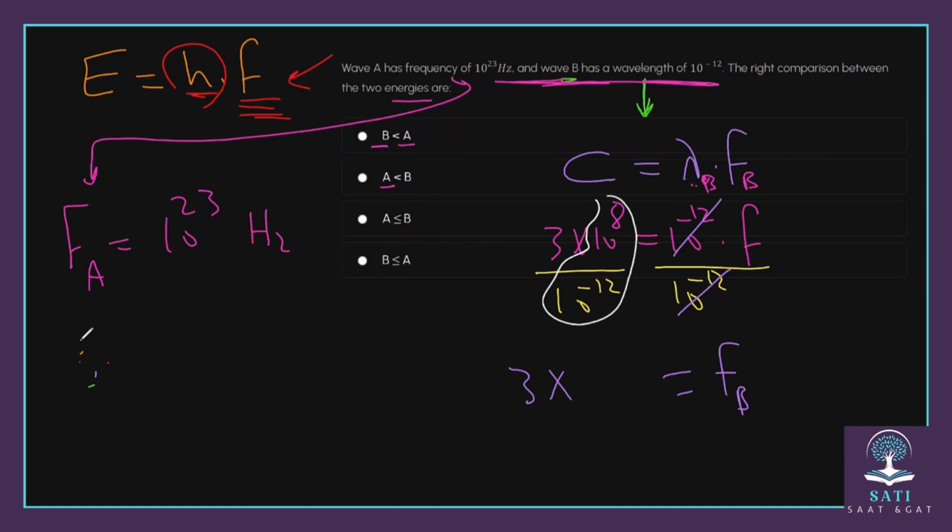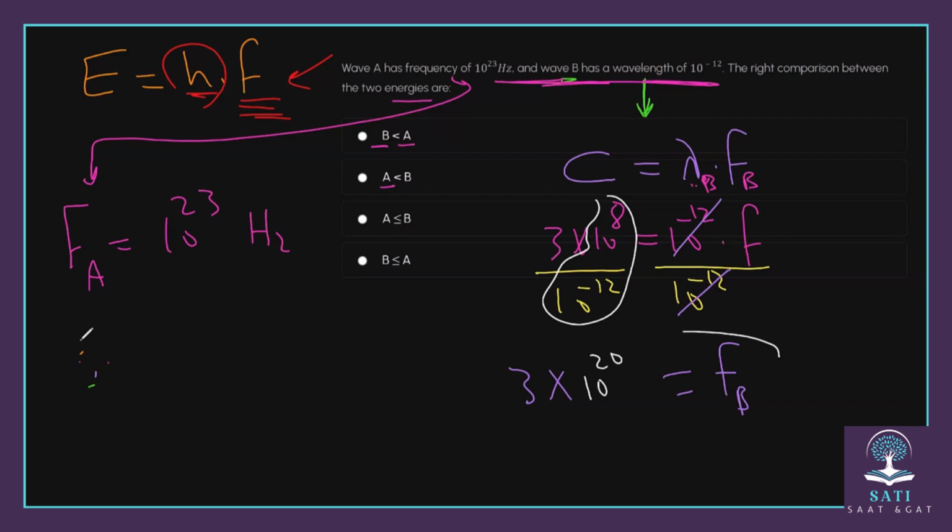When we divide powers with the same base, we just subtract the powers: 8 minus 12. Or you take the 10 to the power of negative 12 up, and it becomes plus. So you will get 10 to the power of 20. That is the answer.